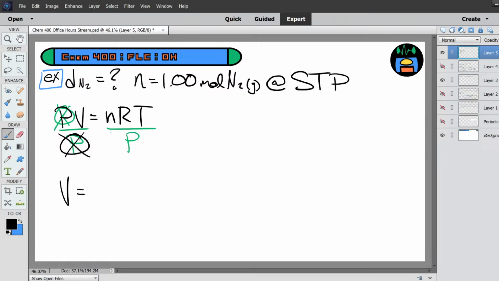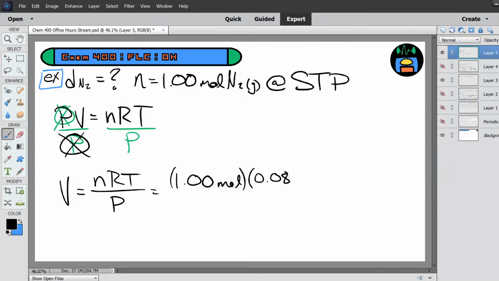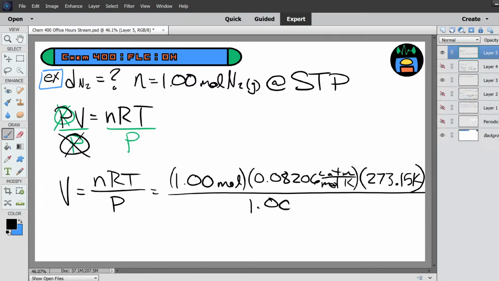We'll see. So volume is equal to our moles times the ideal gas constant times temperature over pressure. Moles, we have 1 mole of nitrogen gas. The ideal gas constant is 0.08206 liter atmospheres per mole Kelvin, times our temperature, which is 273.15 K, all over our pressure, which is 1 atmosphere because we are at STP.